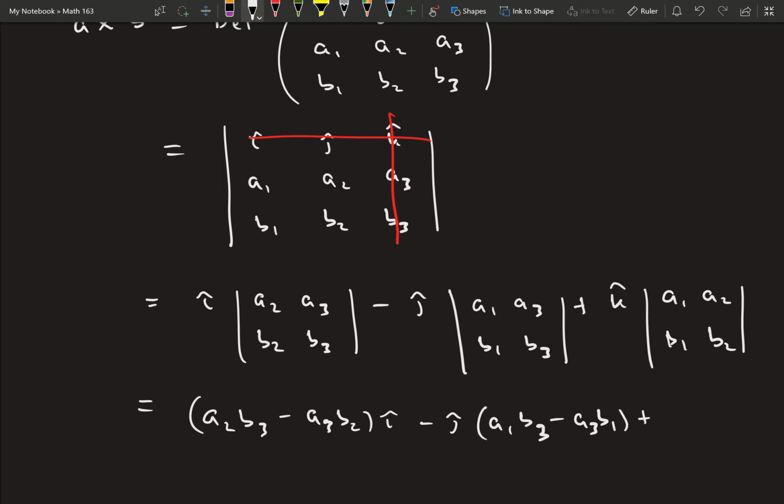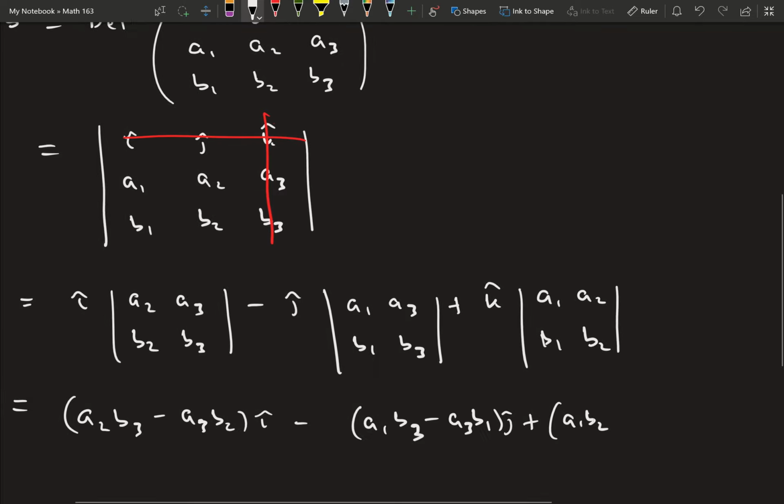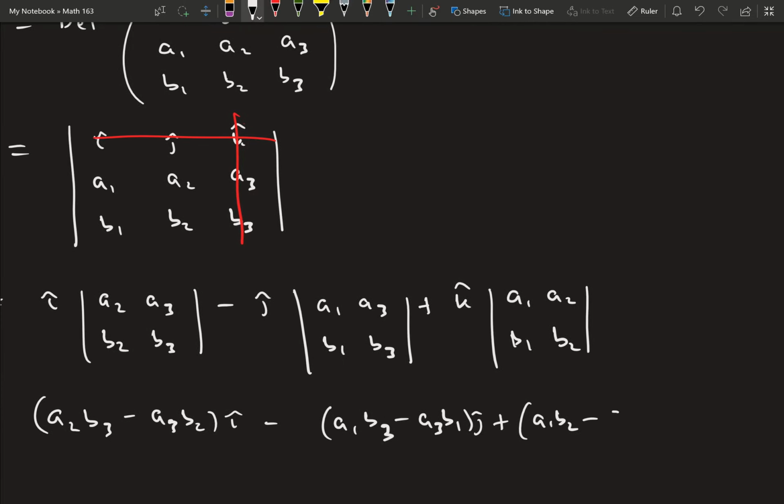Just for consistency, let me put the j on this side. So this is j, and then plus A1 B2 minus A2 B1 times k.